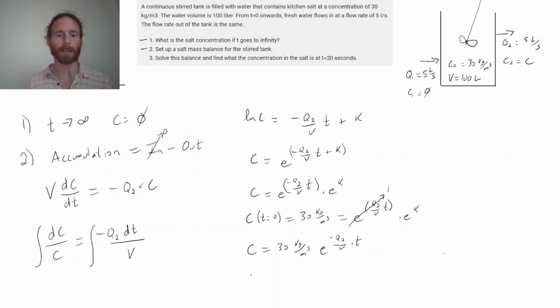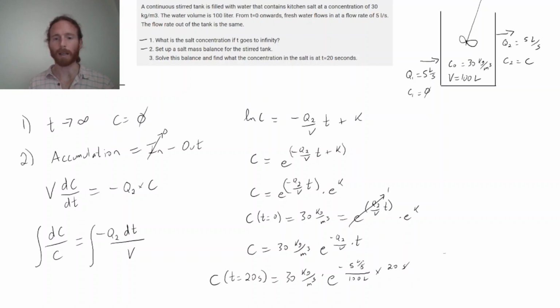Now let's move on to part 3 and solve this balance: find what the concentration is at t equals 20 seconds. So C at t equals 20 seconds equals 30 kilograms per cubic meter times e to the negative 5 liters per second over 100 liters times 20 seconds.